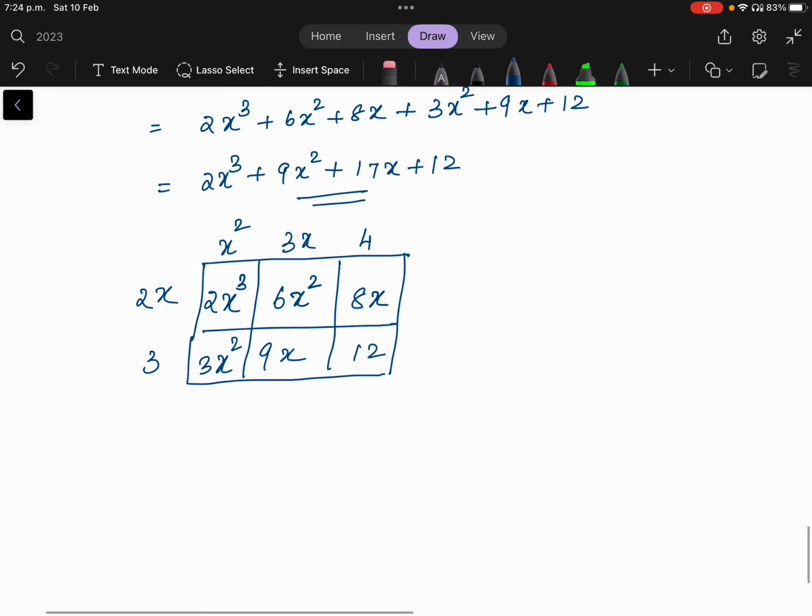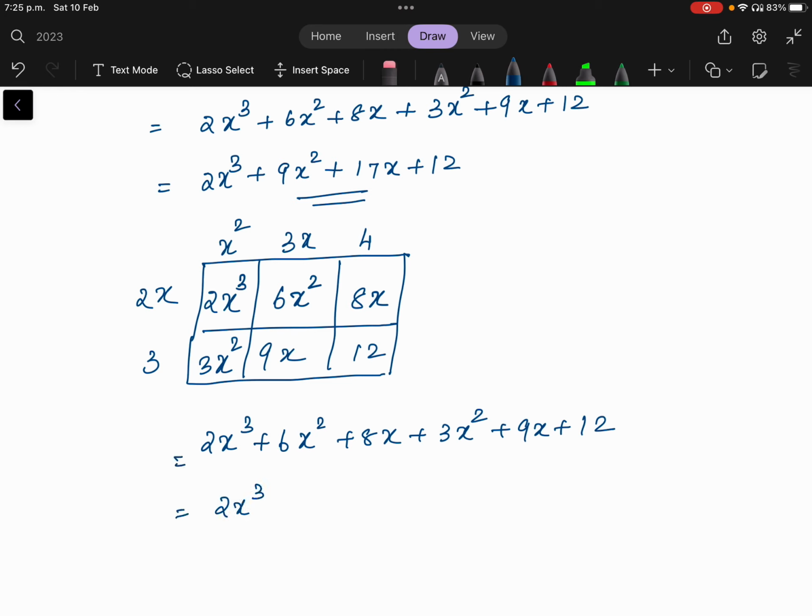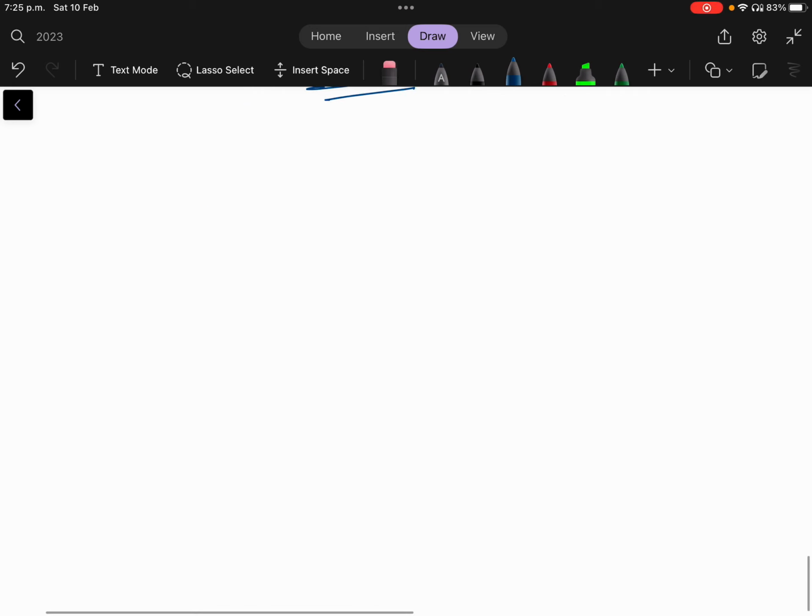Then you add everything together, so it is 2x cube plus 6x square plus 8x plus 3x square plus 9x plus 12. That is equal to 2x cube plus 9x square plus 17x plus 12. So you can see there are two methods, whichever method you are using, you should be able to get the answer.